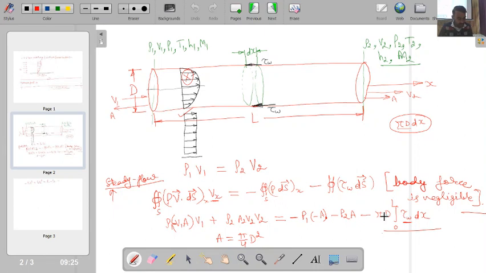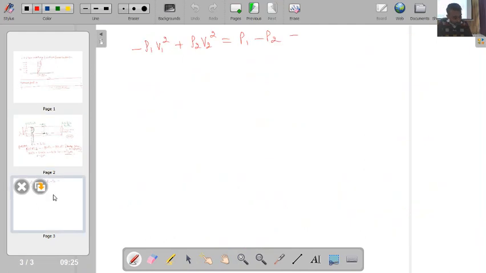So one d will cancel in the numerator with one d in the denominator, and pi will also cancel. So I will get minus 4 by d integral 0 to L tau w into dx. This is what I am getting. Let it be like this only for now.